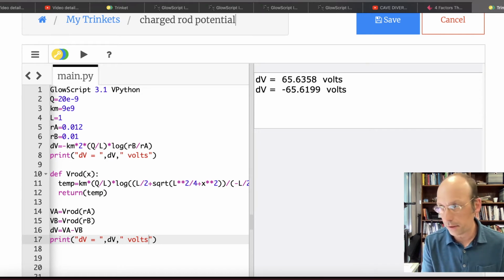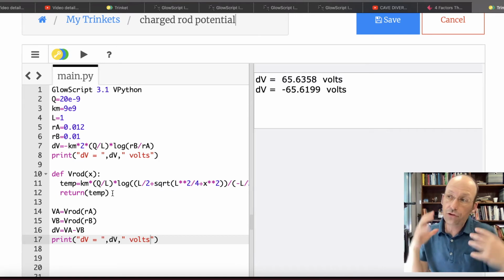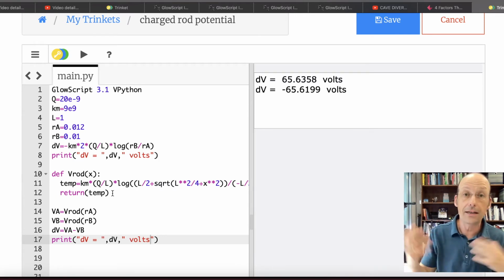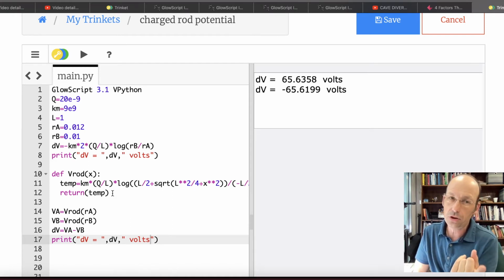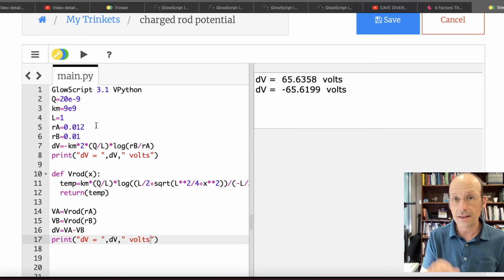I know I'm a terrible person for not fixing it, but I will link a video down below that fixes it. Okay, now, but here's the thing, right? If this change of potential is from infinity to A and then infinity to B, and I take the difference, I get the same thing as I did before, then shouldn't I be able to change point A to infinity and get the same as VA?